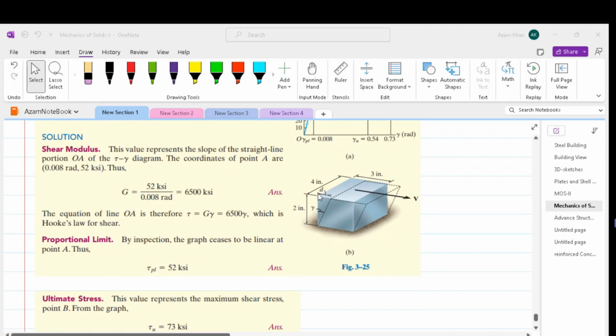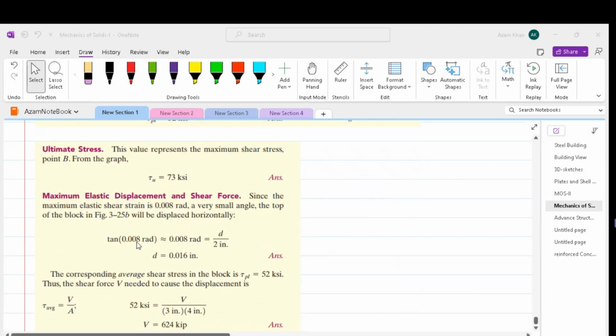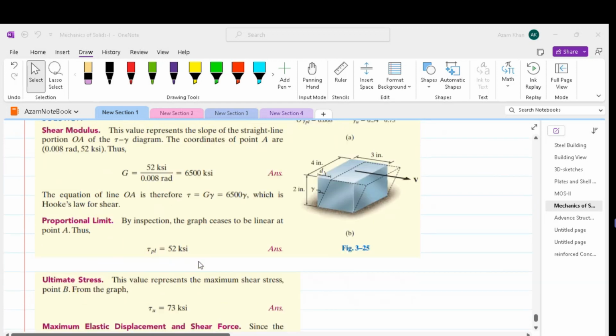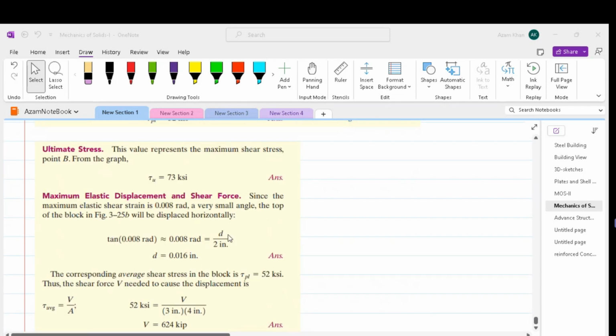The maximum elastic displacement can be found by taking the ratio of d by 2 to gamma. So we take the tangent of d by 2 and we find out that d is 0.016 inches.